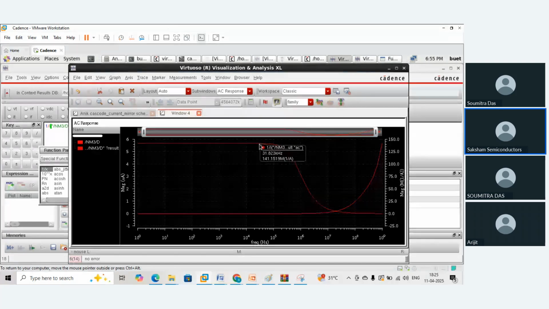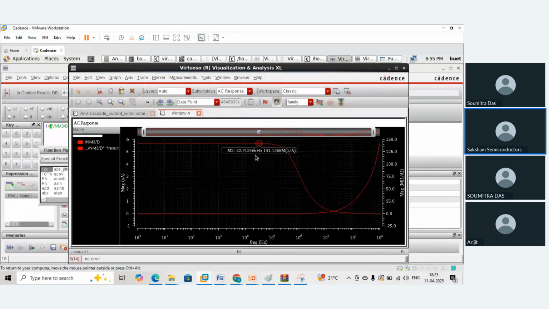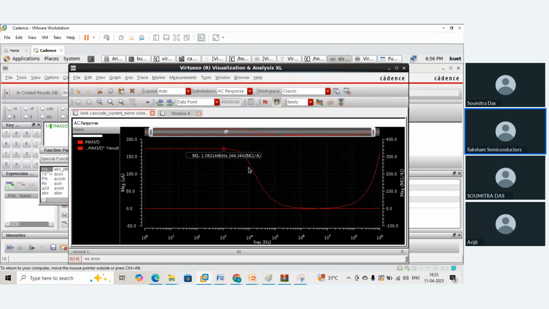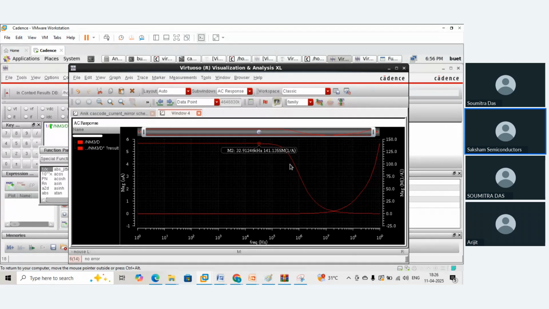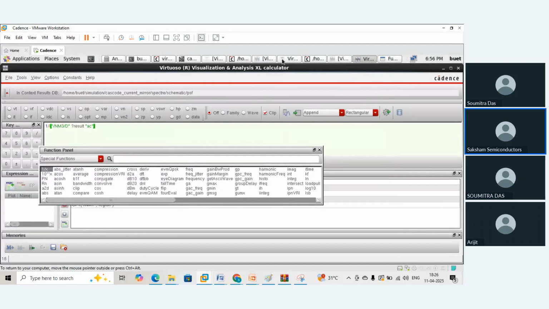Now here, 141 mega ohm of resistance is observed at 32 kilohertz. Of course, the resistance decreased, but it holds across a wide range of frequency. That is basically due to the reduction in the W by L ratio. So that is one thing you can consider.